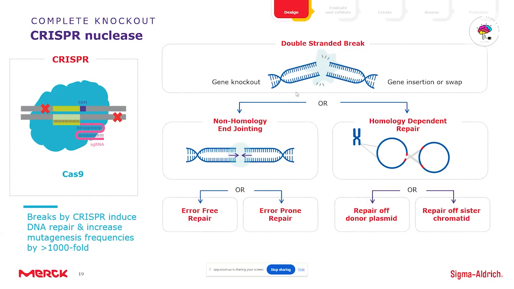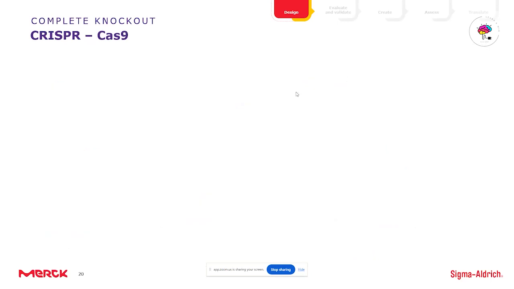And for the last one, this will include an error-free repair or an error-prone repair. For the first one, the homology-dependent repair, we are looking at repair of donor plasmid or repair of sister chromatid. And when we talk about error-prone repair and repair of donor plasmid, this is targeted mutagenesis. So this is the complete knockout.